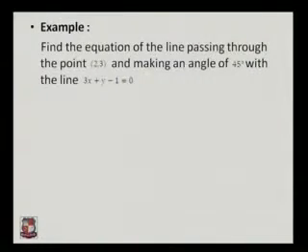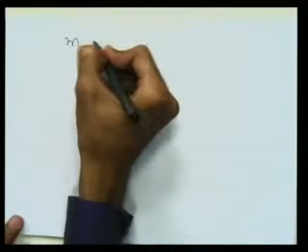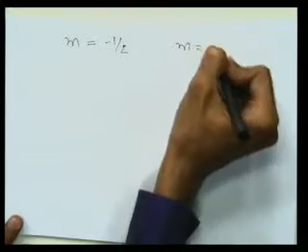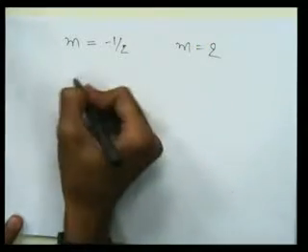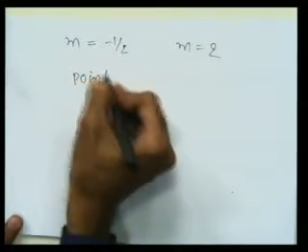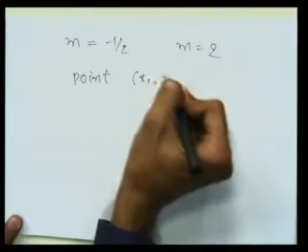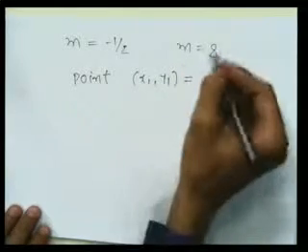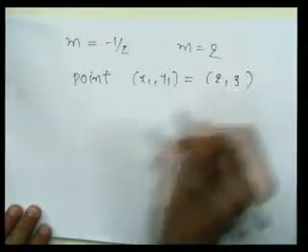So here m is equal to minus 1 upon 2 or m is equal to 2, and the point x1 y1 is equal to 2 3.